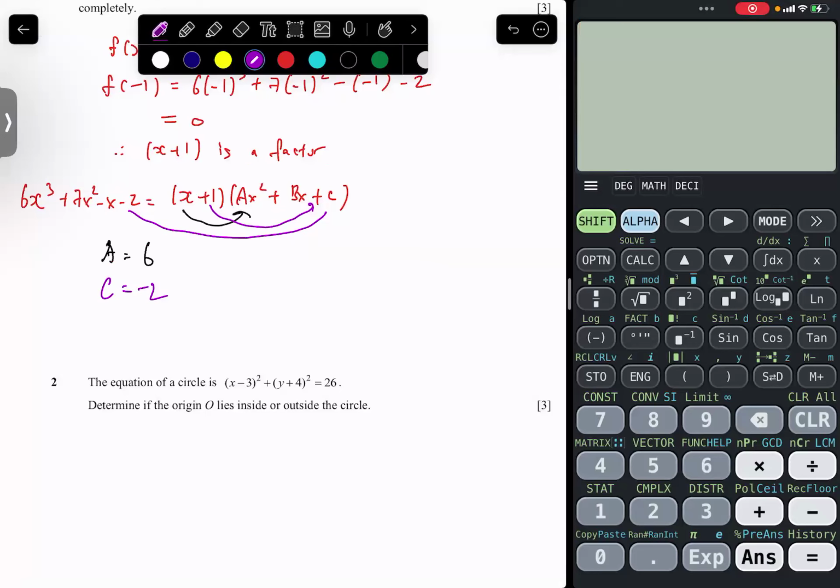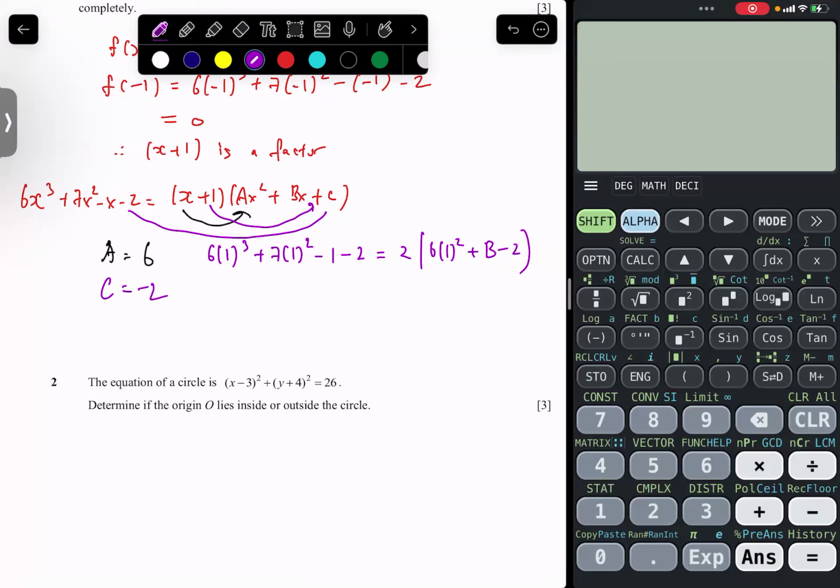Let's say I substitute in x equals 1. So I have 6(1) cubed plus 7(1) squared minus 1 minus 2, which equals 1 plus 1, which is 2, times (6 times 1 squared plus b plus -2).